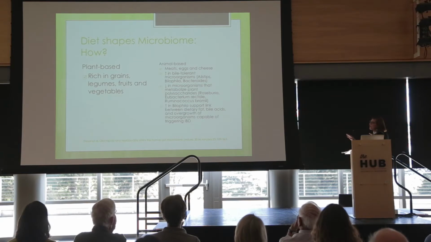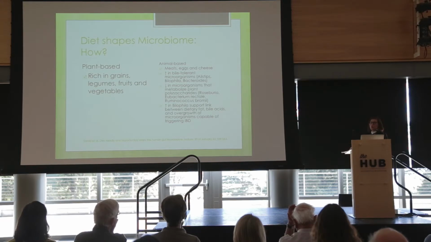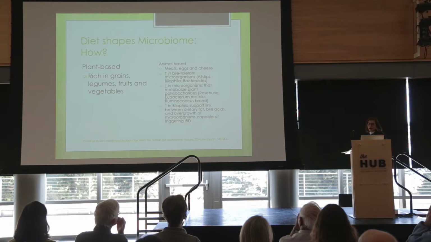What this study was showing was just that the gut bacteria changed so rapidly to this new diet plan that in the animal-based group, there was more bile-resistant bacteria just in response to eating more meat. Whereas in the plant-based group, there was a lot less of that bile-resistant bacteria because there wasn't a need for it, because there wasn't a lot of animal products. So it was a really quick, immediate response to these diet changes.